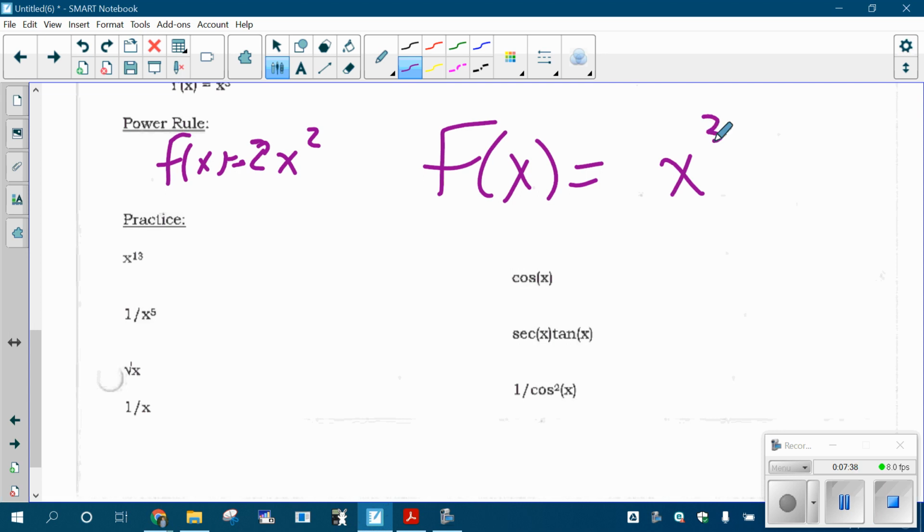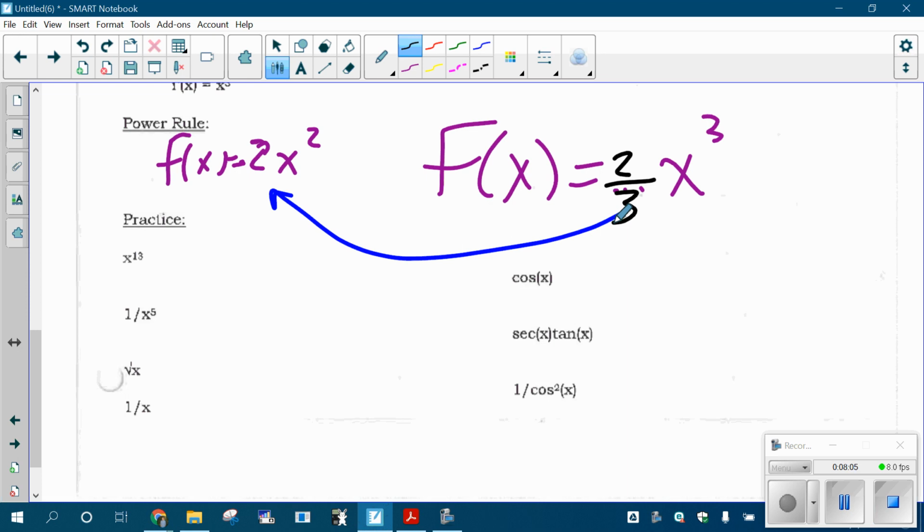And then when I'm trying to think of the constant out here, I'm just going to use my brain. You bring down a 3, and you multiply whatever was there by 3 and end up with 2. What times 3 is 2? 2/3 times 3 is 2. Right? And I can easily check that just by doing the derivative and check that I get back there.